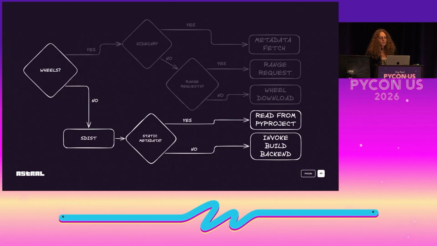We also have to consider the case where there are no wheels. We'll download the source distribution instead and try to statically extract the metadata from the pyproject.toml, similar to how we did for our own project. However, if there's dynamic metadata or if they're still using a setup.py for some reason, we will need to construct a build environment with its own build dependencies and then invoke the build backend to get the metadata.